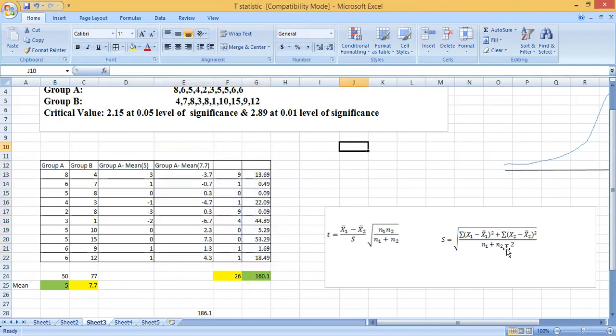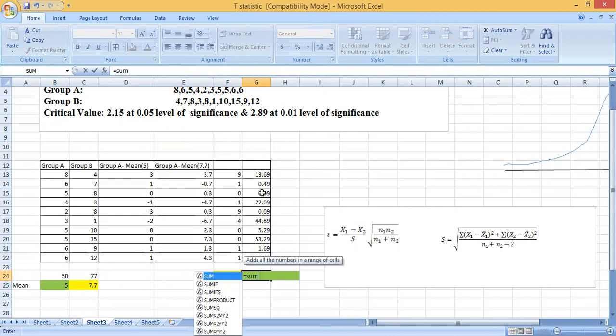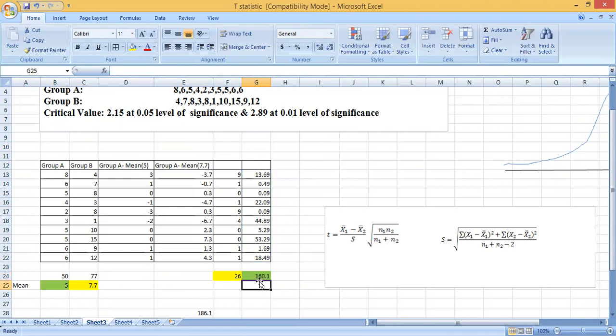Now I have to take the sum of these values. So 26. Now the sum of this value is 160.1, because we have to calculate this S value.